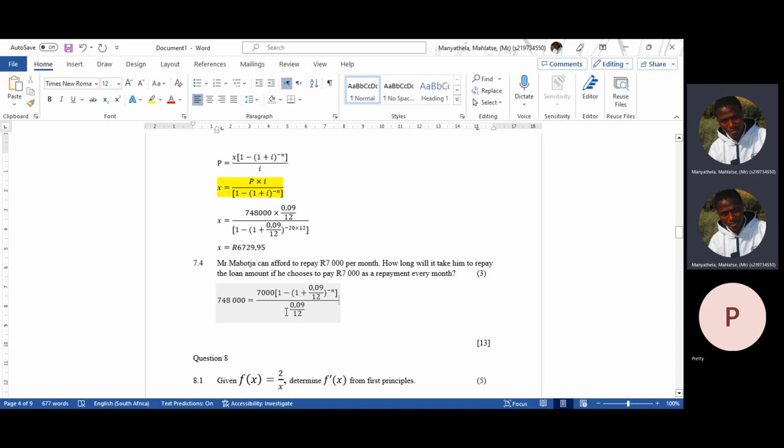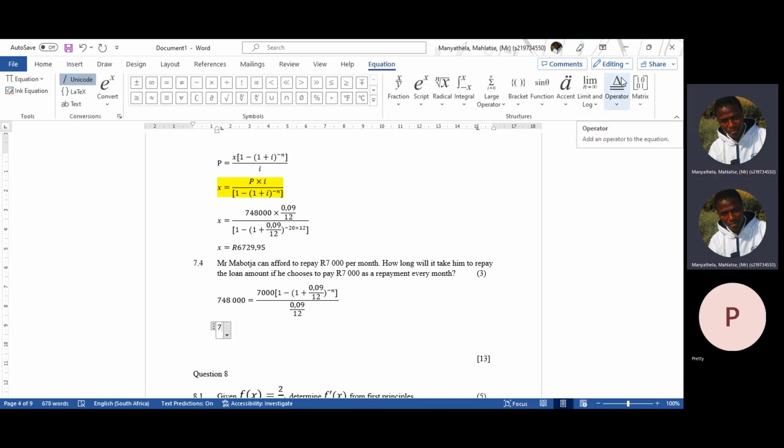So 0.09 over 12 will cancel, and then we'll be left with 748,000 equal to 7,000 into 1 minus, into 1 plus 0.09 over 12 to the exponent negative n. So that is the second step. We're multiplying both sides by 0.09 over 12 to deal with this fraction.